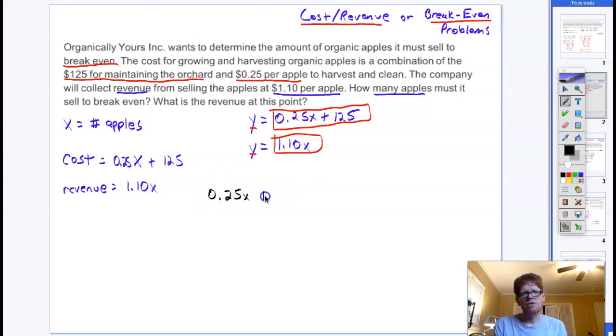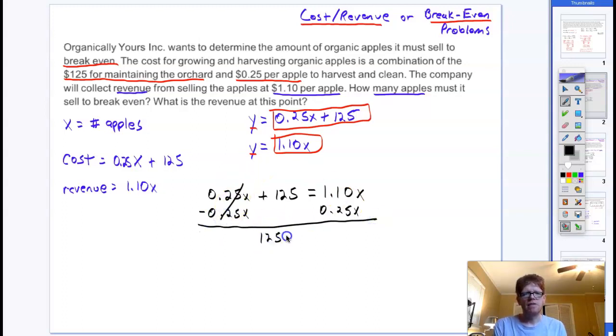0.25x plus 125. And we want to know when that's going to be equal to the revenue at $1.10x. At this point, hopefully this looks familiar. We want to get our variables on the same side. So I'm going to subtract 0.25x from both sides using my properties of equality, subtraction property of equality. That's going to cancel out, leaving you with 125 is equal to $1.10 minus 0.25. That's going to leave you with 0.85x.